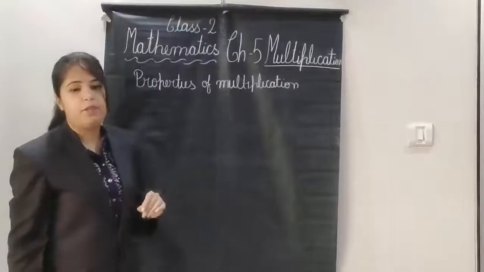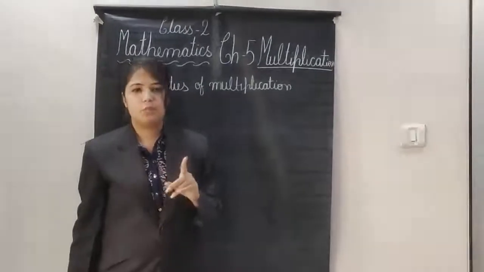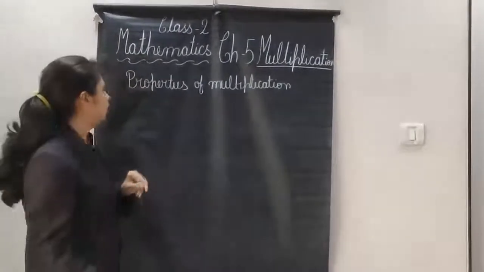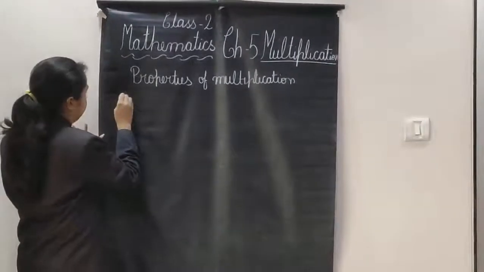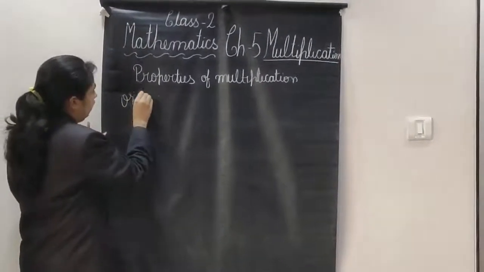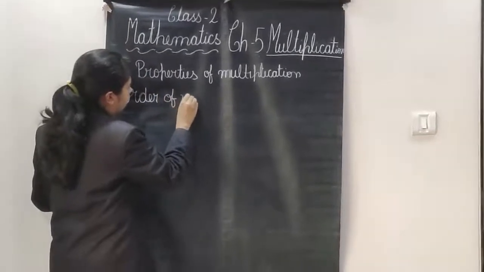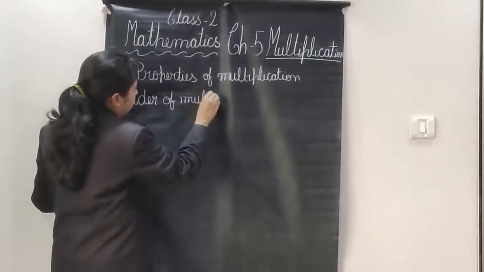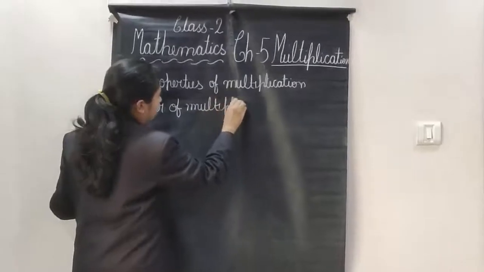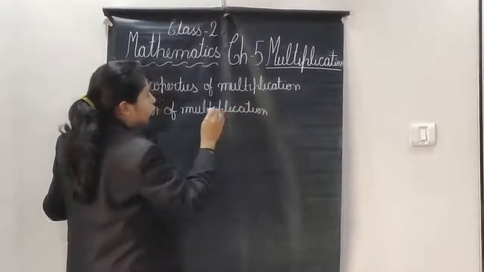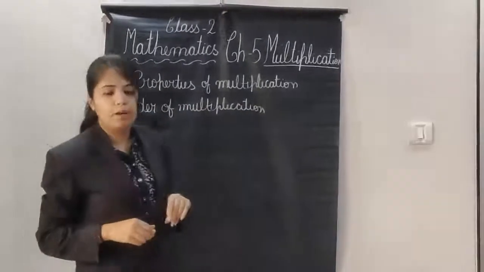In the properties of multiplication, the first property is order of multiplication, right? Now you will think, what is this order of multiplication?